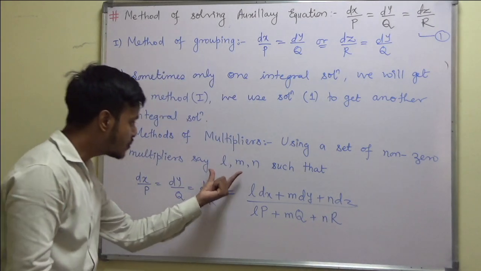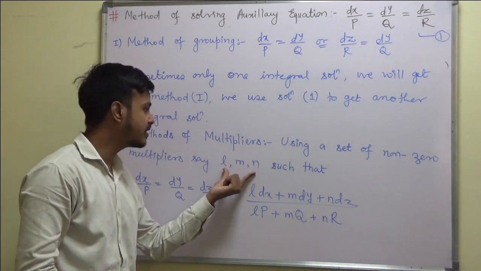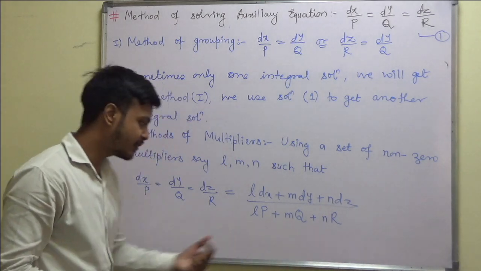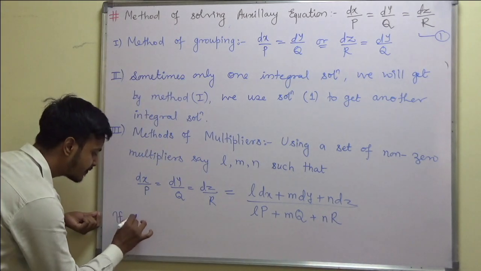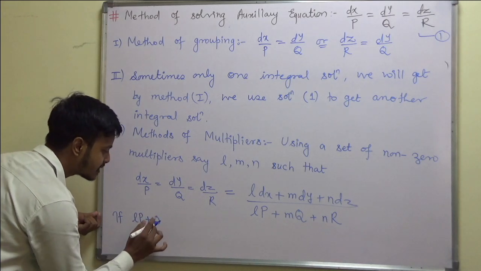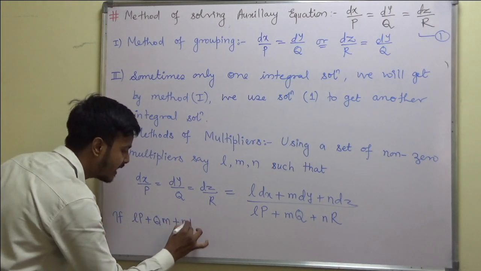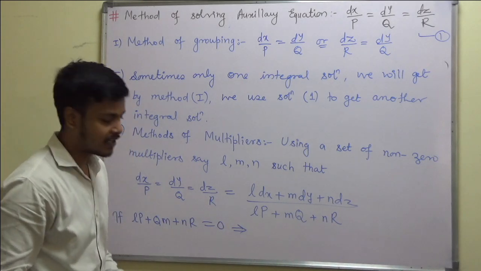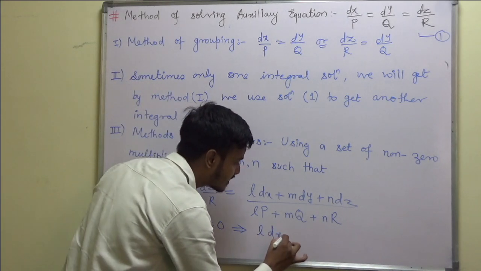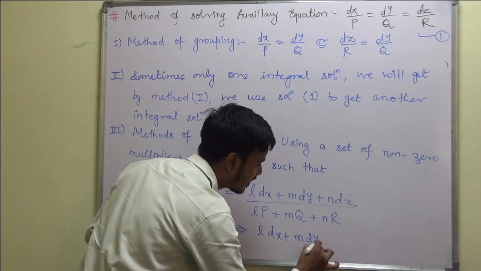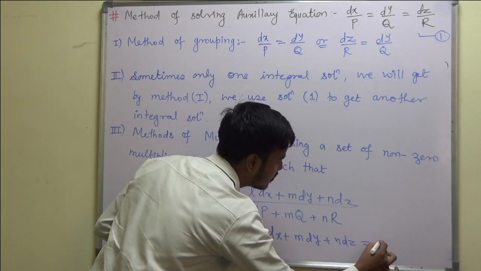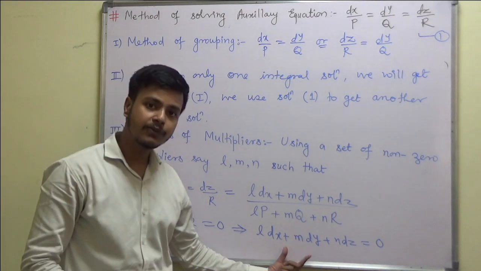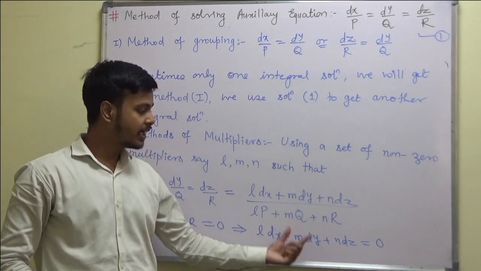Now we have to choose these non-zero multipliers in such a way that this denominator becomes 0. If LP plus MQ plus NR equals 0, then by the principle of algebra, L dx plus M dy plus N dz also equals 0. Then you just have to integrate this to get the integral curve.